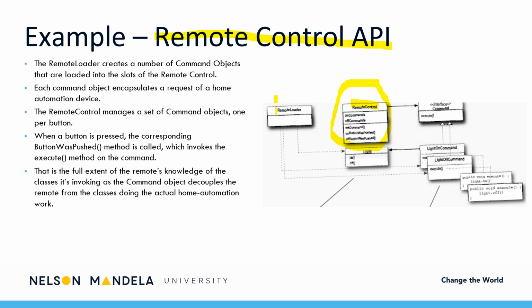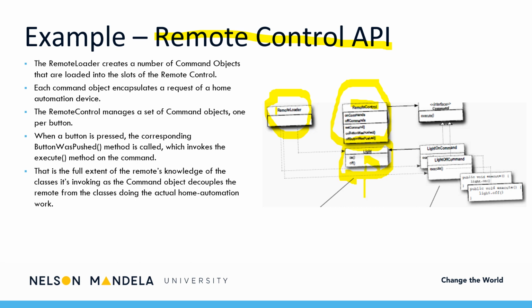Then we've got the remote loader as our client, and then our receiver, which is responsible for specifying what happens when each command is invoked, is your light.